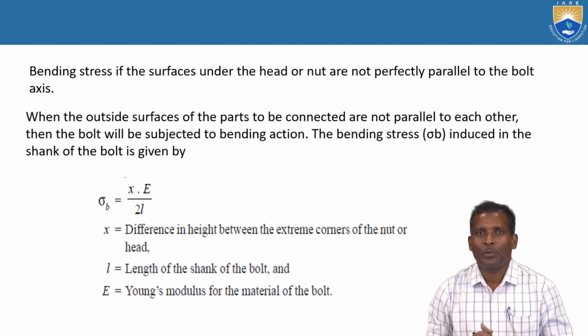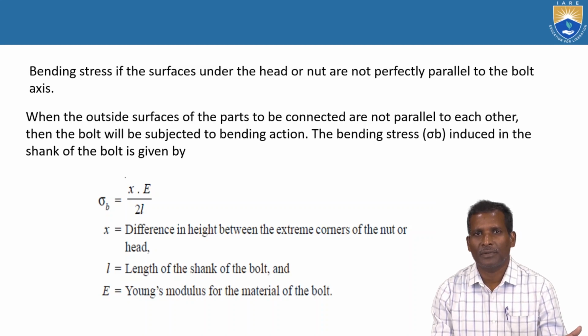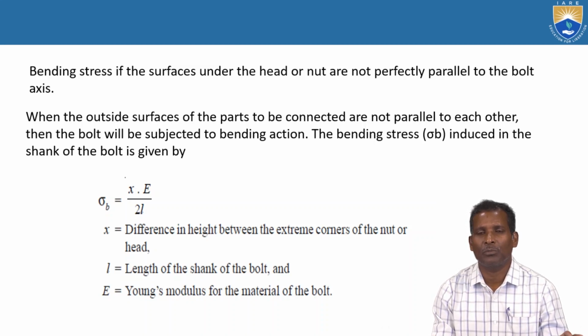Next, one more important stress also induced in the screws: bending stress. This bending stress will be induced when the surfaces under the head and the nut are not perfectly aligned, that is, not parallel to the bolt axis. Then bending stress is possible, which means the bolt is subjected to bending action.